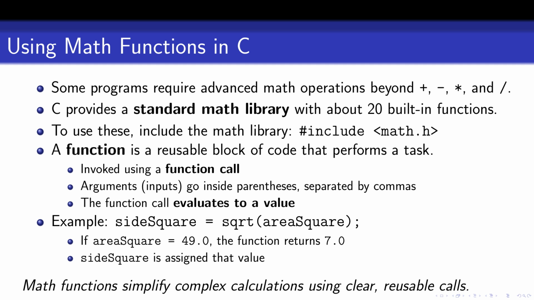That result can be used in an assignment, like side square equals sqrt of area square. Function calls always use parentheses, even if there's only one argument. Functions let you perform complex calculations in a clean, readable way without having to write the math logic yourself. Just don't forget to include the math library with #include <math.h> at the top of your program, or the compiler won't know what sqrt means.